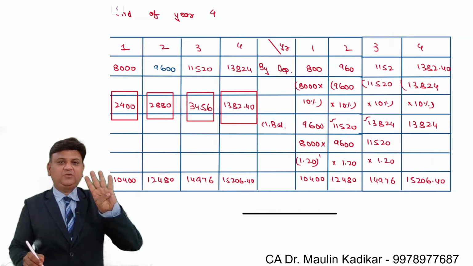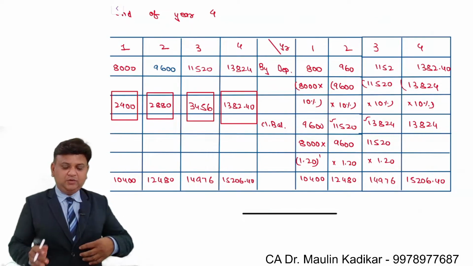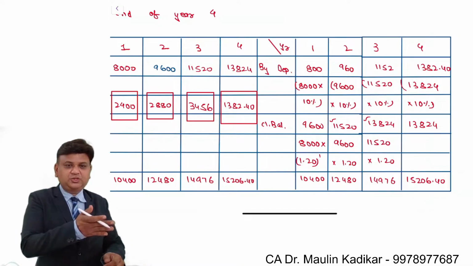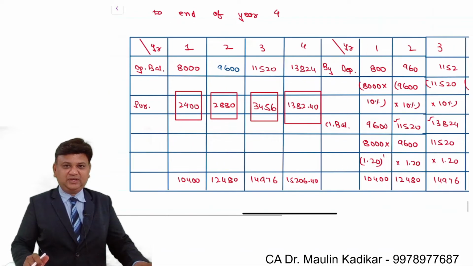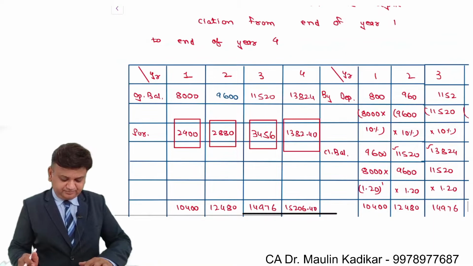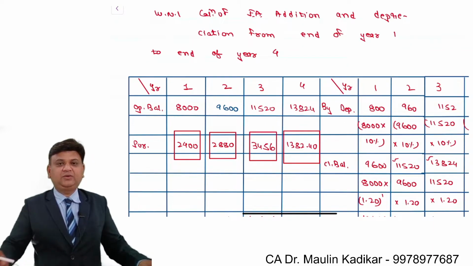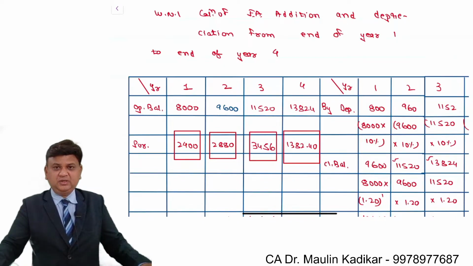Yet we are making calculation for 4 years because from 4th year onwards for perpetuity, whatever the cash flows which the business is going to generate will be discounted to the 3rd year end. That is the reason. So I request all of you to make the calculation of the working capital addition from end of year 1 to end of year 4 and put your answer in the chat box.